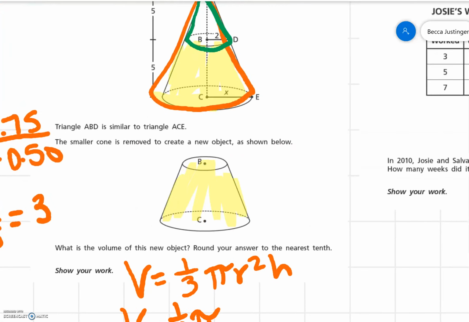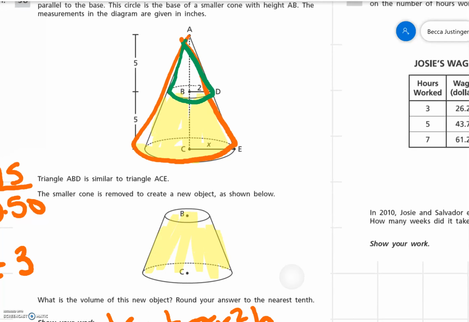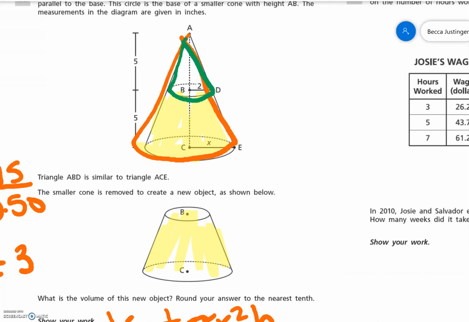The radius is x. Oh, we need to find out what it is. So we need to see the proportions here. 5 is to 2, so the height of the smaller cone and the radius of the smaller cone, as the height of the whole thing, which is 10, is to x.